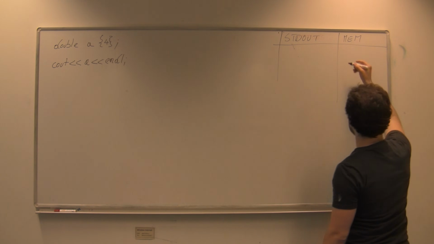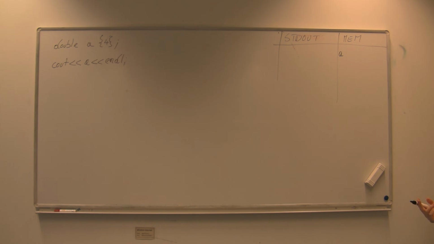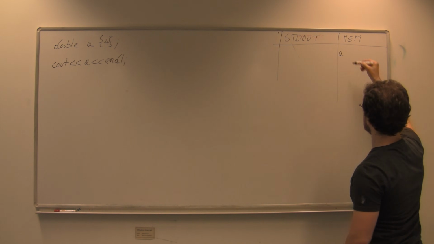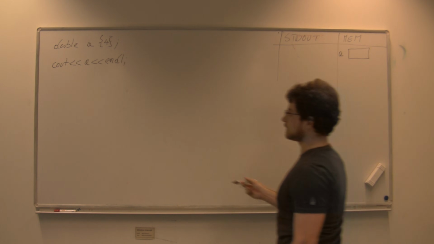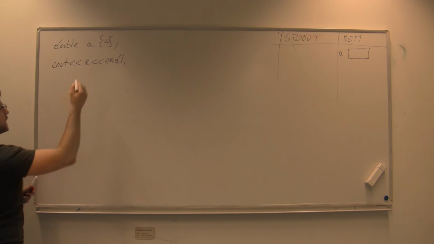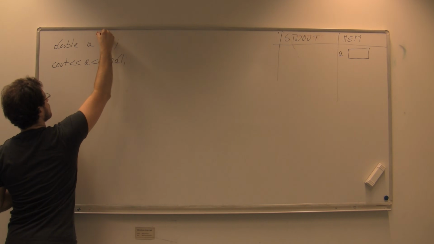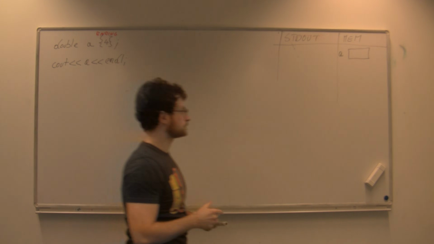So what this means is that we define in the memory a variable called a that has associated with it a box, a place to store values. And this says to bind the value 4 to the variable a.